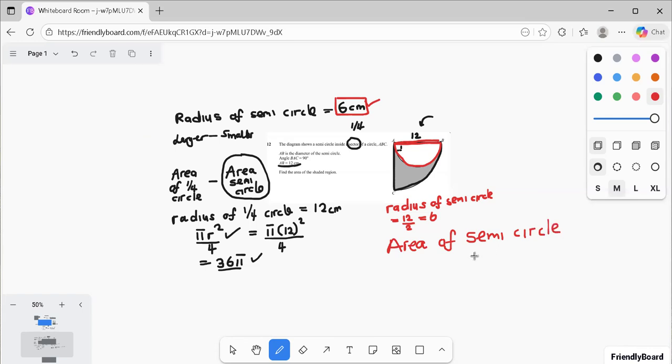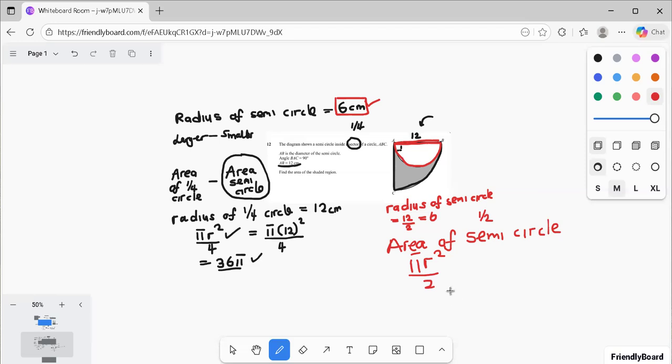So if the area of the full circle is pi r squared, therefore the area of the half of the circle, I'll simply divide it by 2. So this will be the formula for the area of the semicircle, pi r squared over 2, because semi means half.